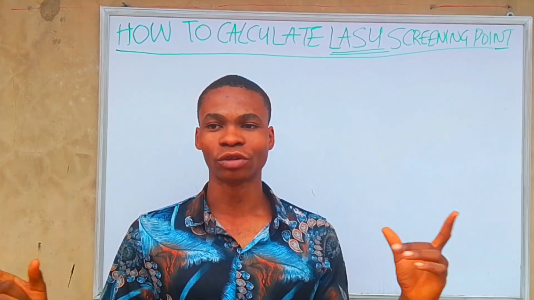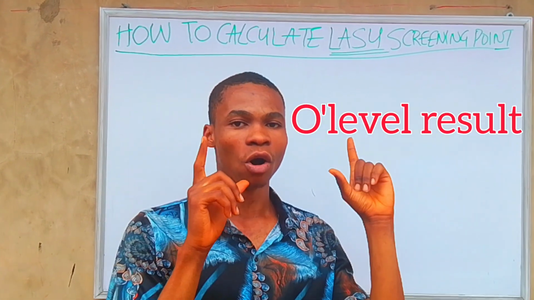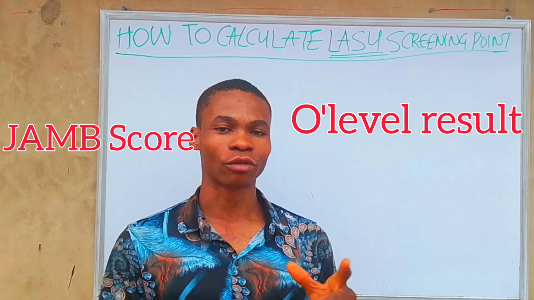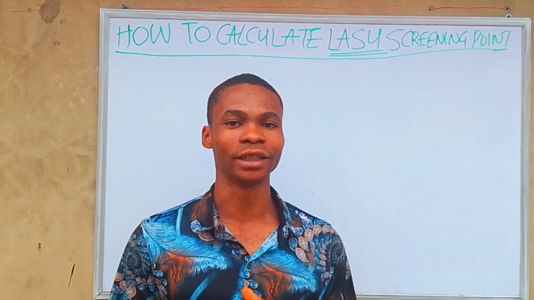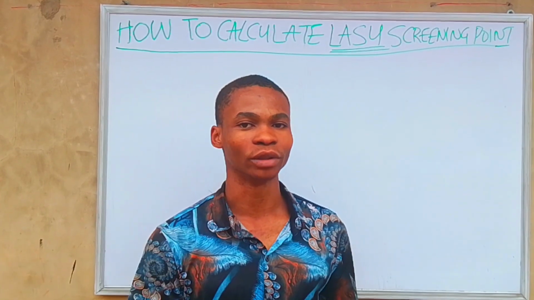LASU does not write Post UTME exam. LASU only uses your O-level results and your JAMB score to calculate your Post UTME screening point. So let me teach you how to calculate it.